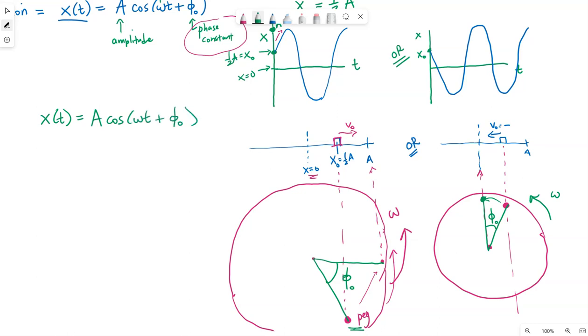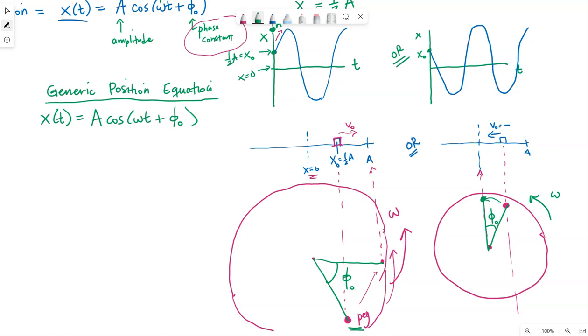Because it's kind of headed off the screen. So our generic position equation for these ideal oscillations could be written in terms of sine or cosine. I'm just going with what our author is representing.